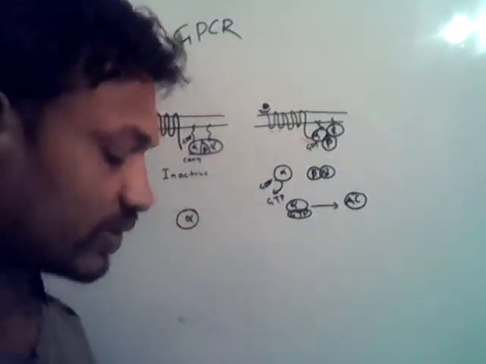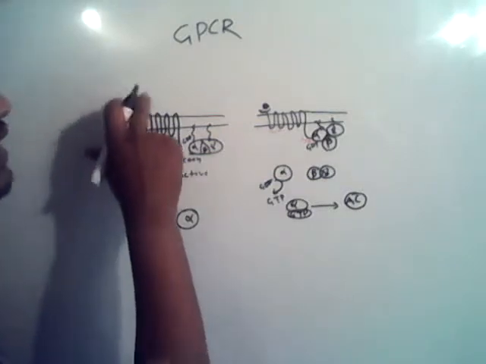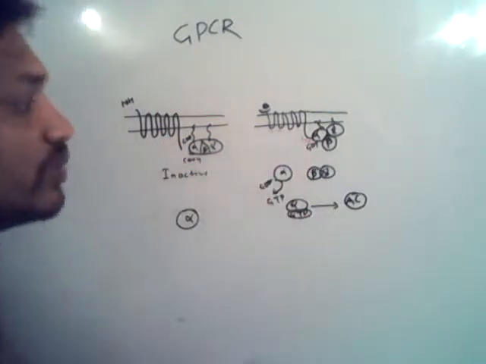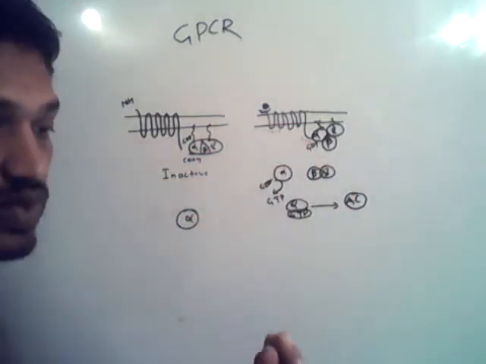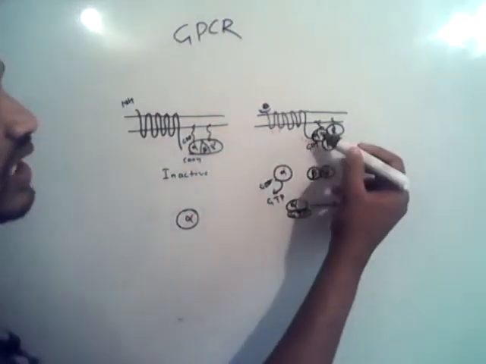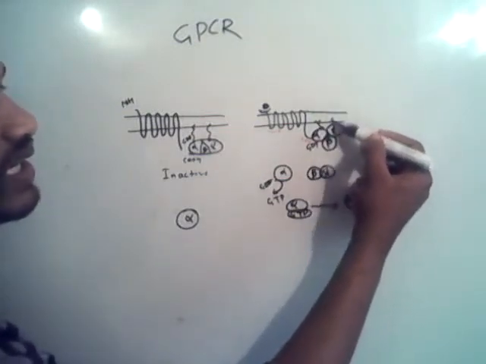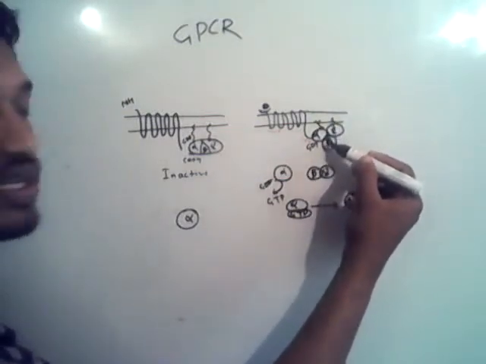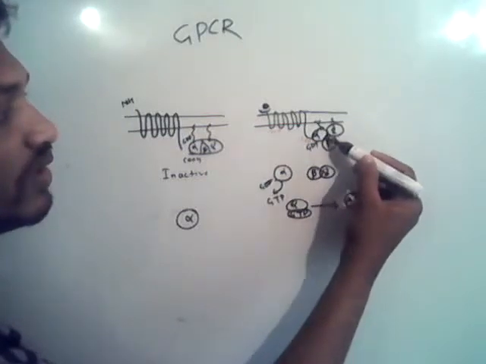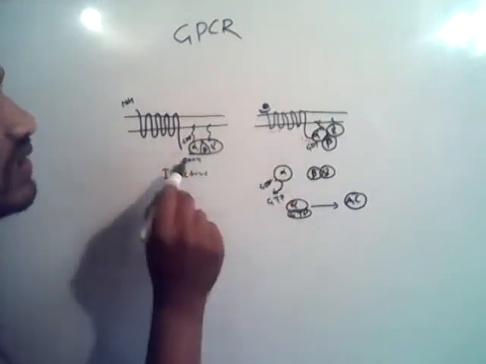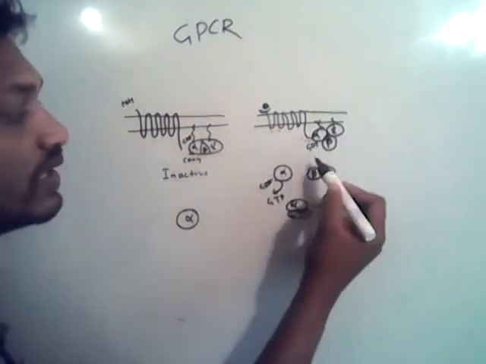Remember, this is a cell and this is a transmembrane domain where the G protein is bound. G protein is a trimer protein which contains alpha, beta and gamma. Alpha and gamma are directly attached to the membrane, while beta is attached to the alpha and gamma. After the conformational change, this is the inactive form, this is the active form.